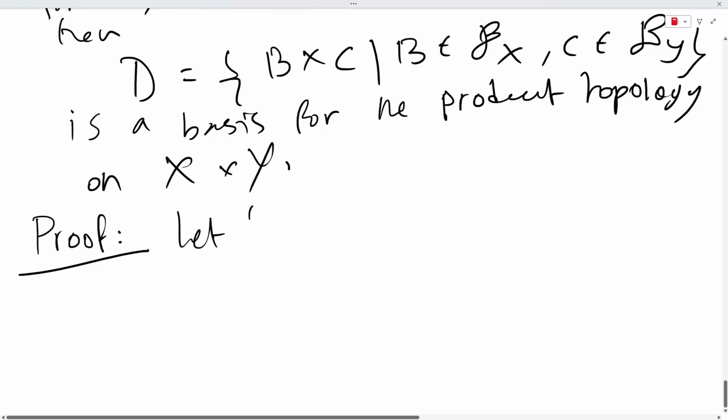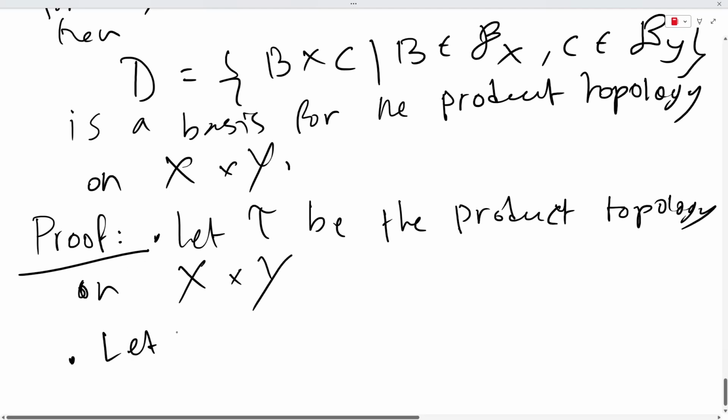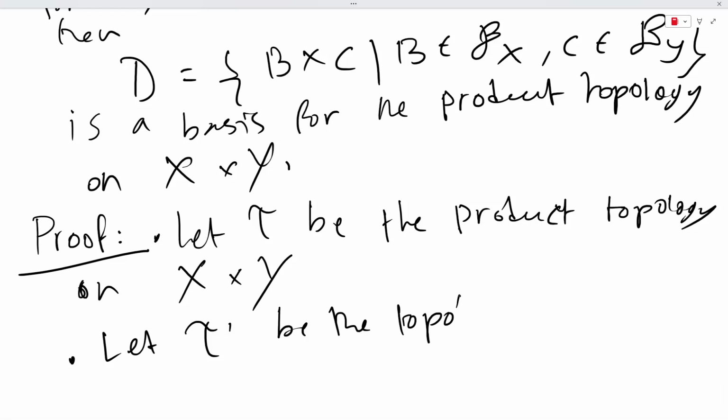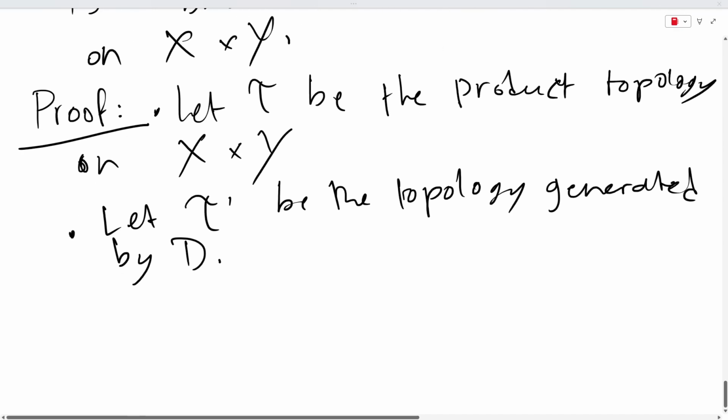So let tau be the product topology on X times Y, and then let tau prime be the topology generated by D. We show that these two are equal.